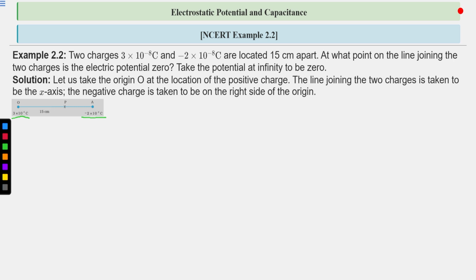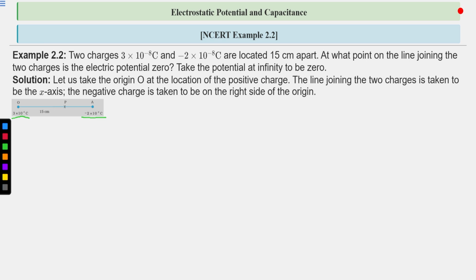This is the point P, where we assume that the net potential due to both charges, the positive charge and the negative charge, is 0. The distance of this point P from the positive charge is x.